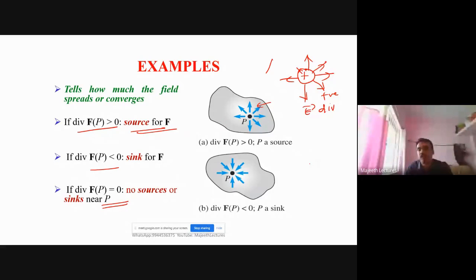Then you must remember for a negative charge, you have drawn the electric field like this. Here you see everything goes towards it.